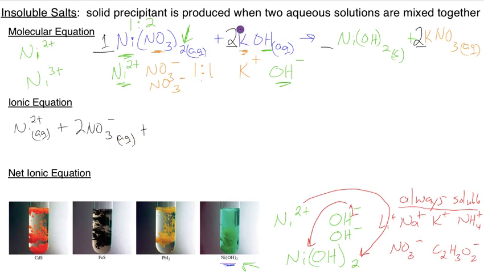2 potassium, 2 hydroxide based on the molar coefficient 2 in front. And notice I'm writing an AQ for each of these ions because they are coming from aqueous salts up here. We want to indicate the phase here to tell us what we're looking at. Now, once these all come together, the nickel and hydroxide come together to form this product.